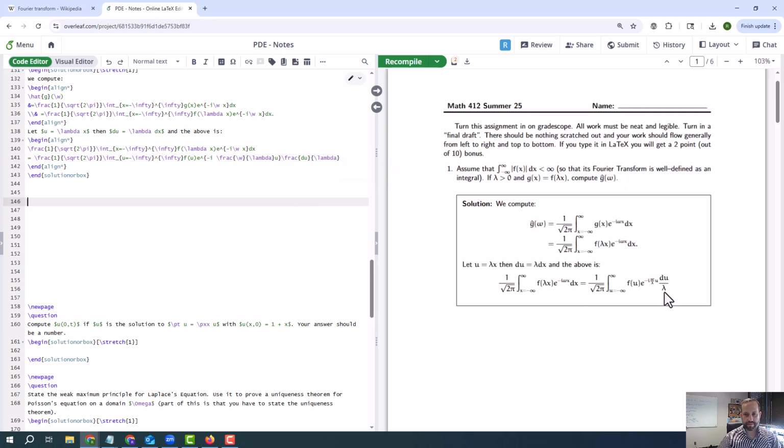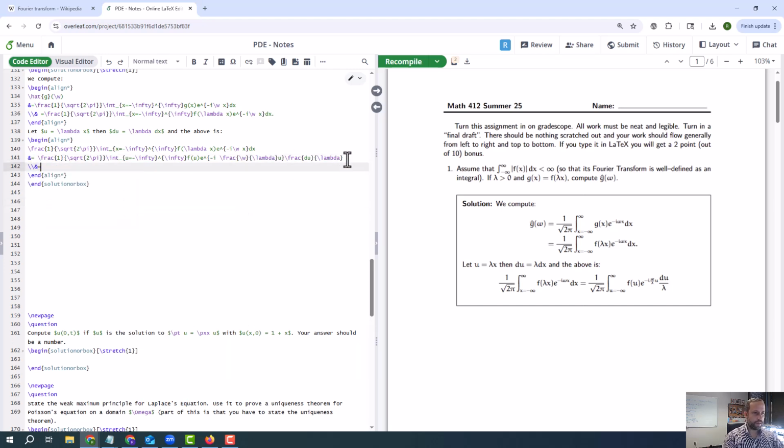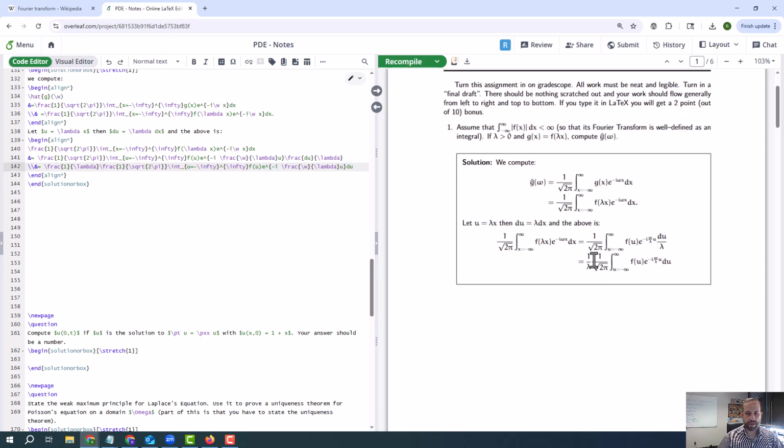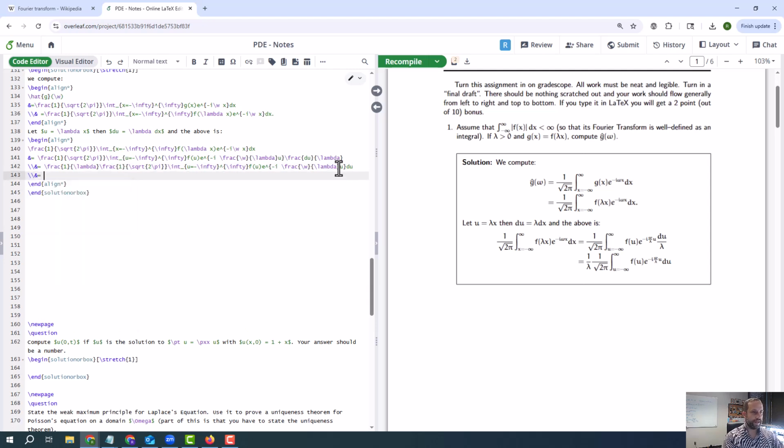All right, so now we have this. So what's going to happen? This 1 over lambda is going to come out. You can put it with this fraction if you want to, but I'm not going to do that. I'm just going to keep it all together like this, du. And the reason I'm doing that is because this part right here is going to be the Fourier transform of f, but evaluated at omega over lambda.